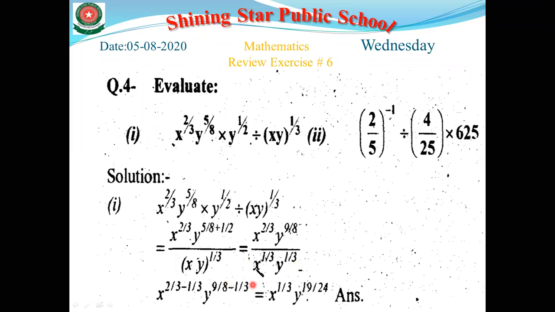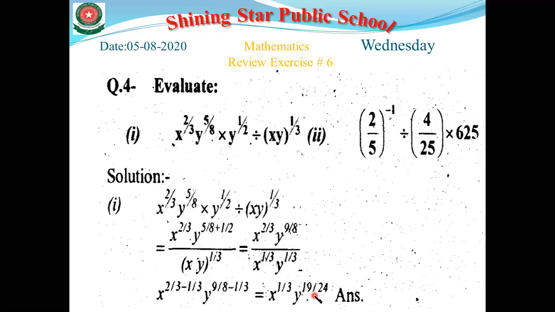Now, we know that when we take the variable from denominator to numerator, its power sign will change. So 1 over 3 becomes minus 1 over 3, and y power 1 over 3 becomes minus 1 over 3, because we take the variables from denominator to numerator. Okay. Now 2 over 3 minus 1 over 3 is 1 over 3, and 9 over 8 minus 1 over 3 is equal to 19 over 24.